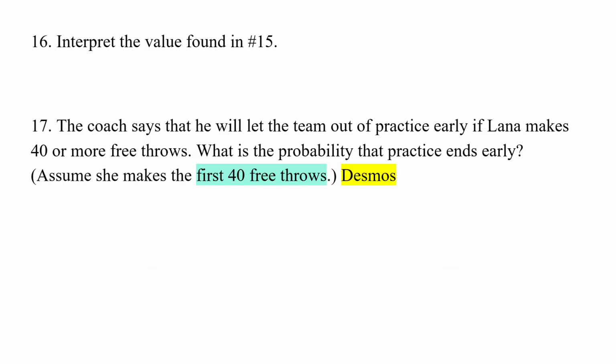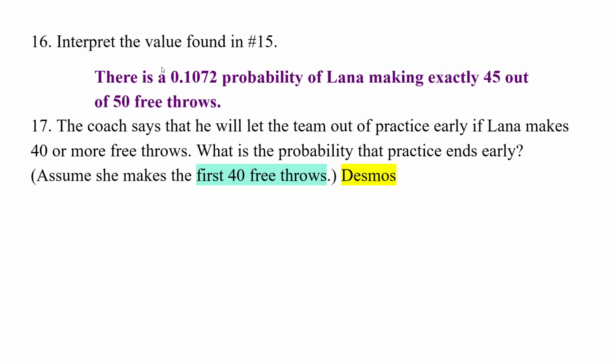Okay, so looking at number 16, and I say that because we're fixing to interpret the value. All right, so the answer found in number 15, right here we say that there's a 0.1072 probability. This part you can make into the percent.